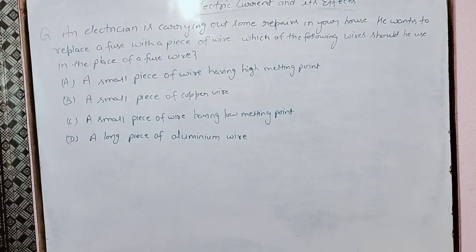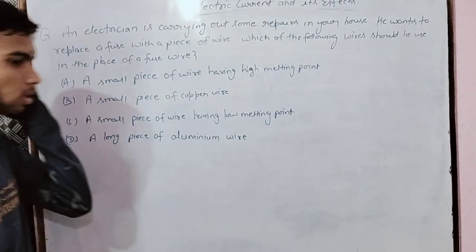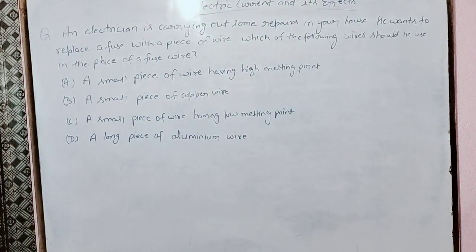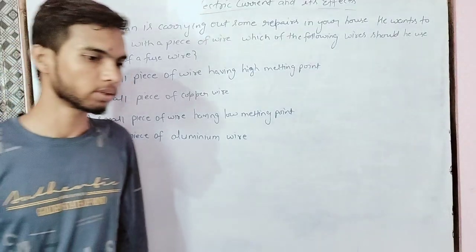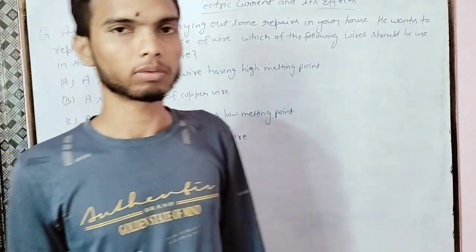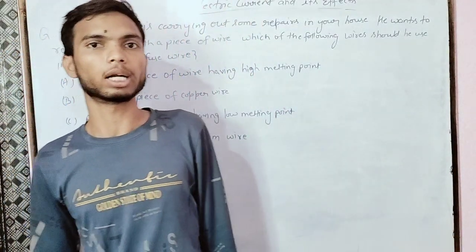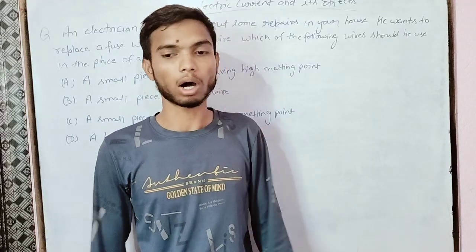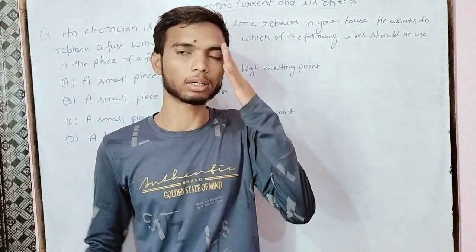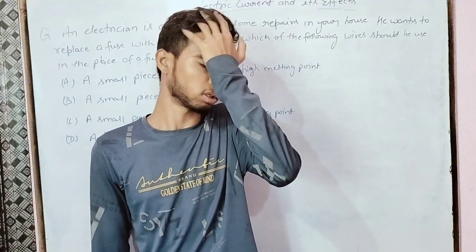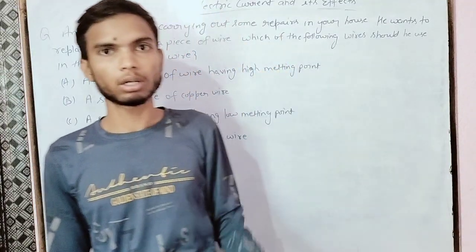You will answer logically. Just read this question. You have been given four options with the question. It is clearly saying an electrician. Who will be an electrician? One who knows how to connect and how to create an electric circuit in a house, in a factory, wherever.